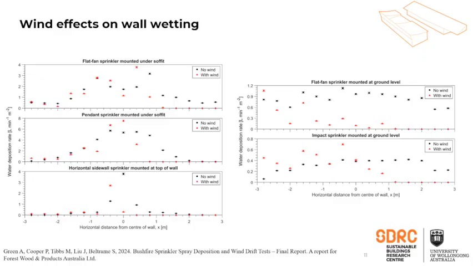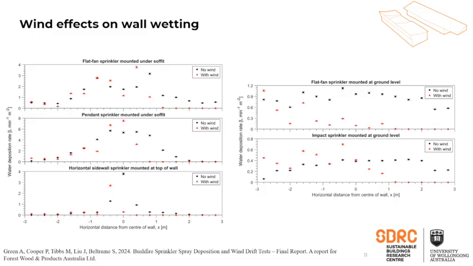Here we're showing the effects of that crosswind. So the black markers are across the width of the wall, how much water was collected with different sprinklers. And then the red marks are showing the same test but with the wind flowing from right to left.